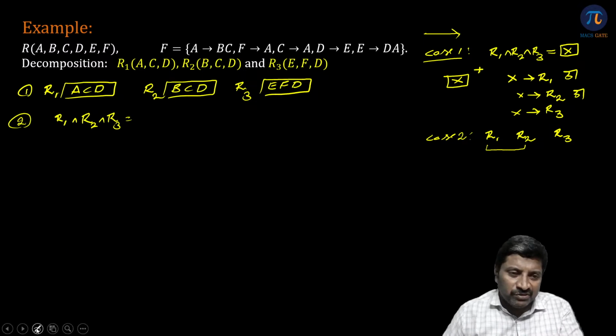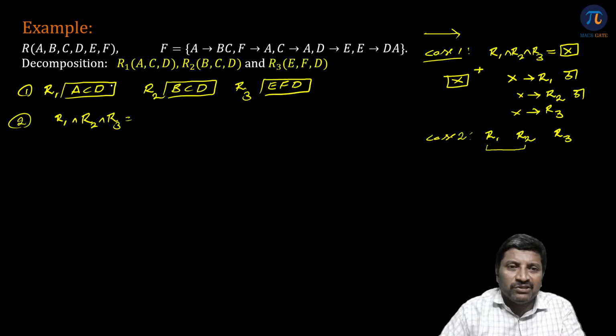Yes, of course, we have it. What is the common attribute for all the three tables? D, D, D. Yes, we have it.